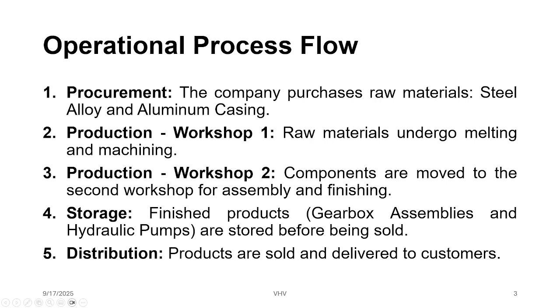Finally, the process ends with distribution, where the products are sold and delivered to customers. So understanding this operational process flow will help us to see that costs are incurred at every single stage, and our job is to capture and allocate them correctly.